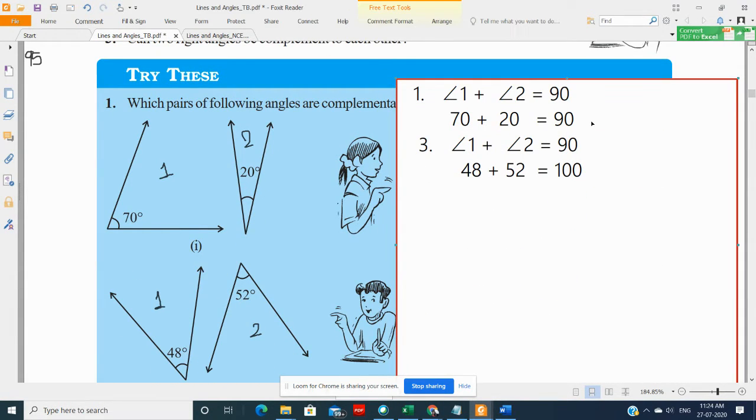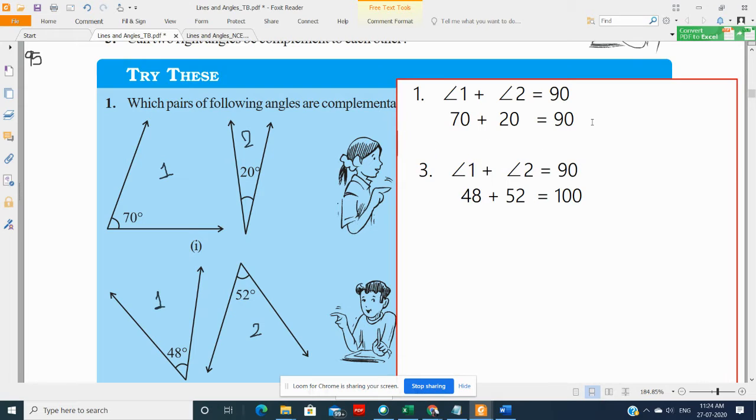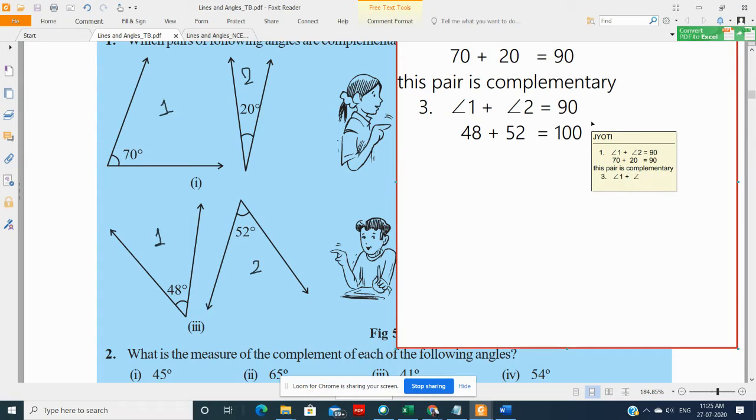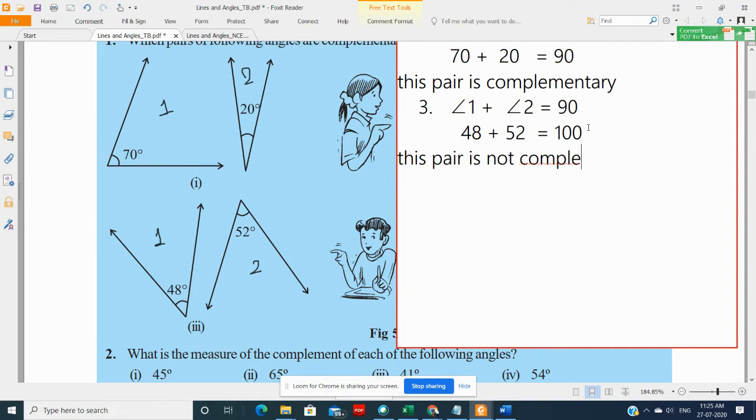So here we will write this pair is complementary, and here I can write this pair is not complementary.